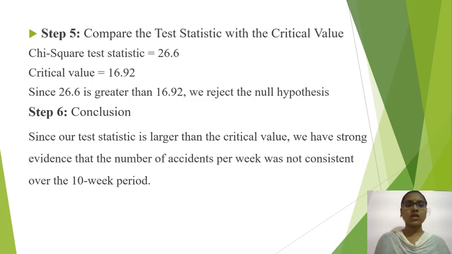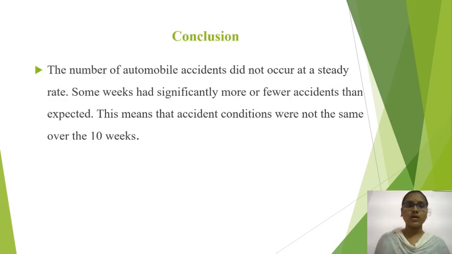Since our test statistic is larger than the critical value, we have strong evidence that the number of accidents per week was not consistent over the 10-week period. Finally, the conclusion of the problem is that the number of automobile accidents did not occur at a steady rate. Some weeks had significantly more or fewer accidents than expected. This means that accident conditions were not the same over the 10 weeks.